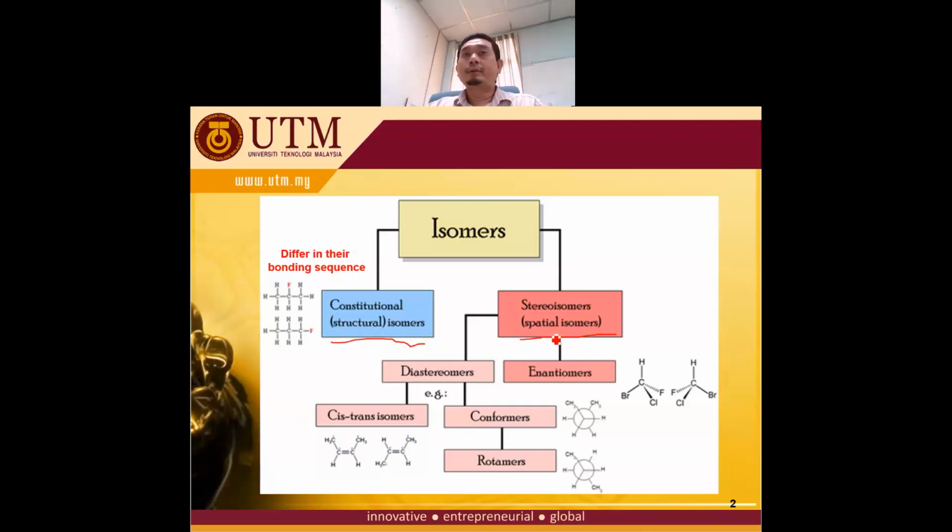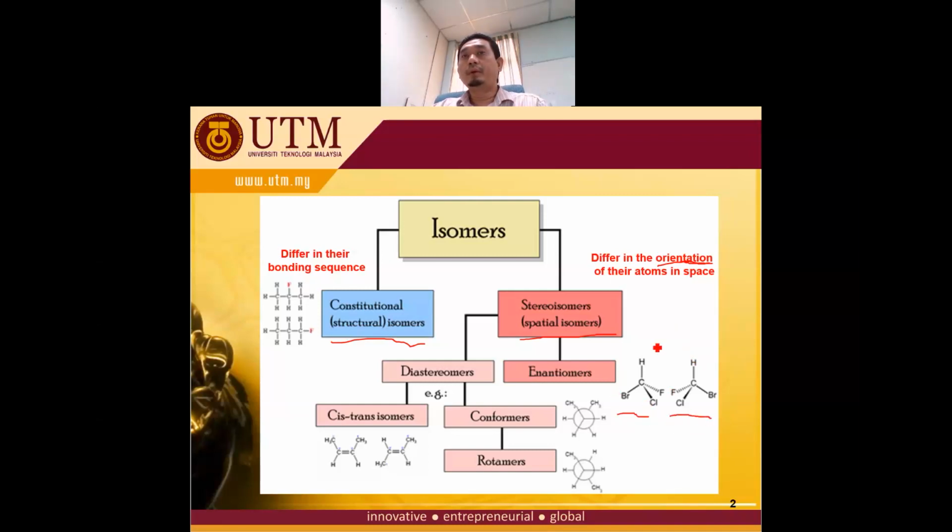So these are under structural isomer. The second one is stereoisomers. It differs in the orientation, and this is a keyword: orientation of the atoms in space. It means the bonding sequence is exactly the same, but they only differ in the orientations. For example, like these two compounds.